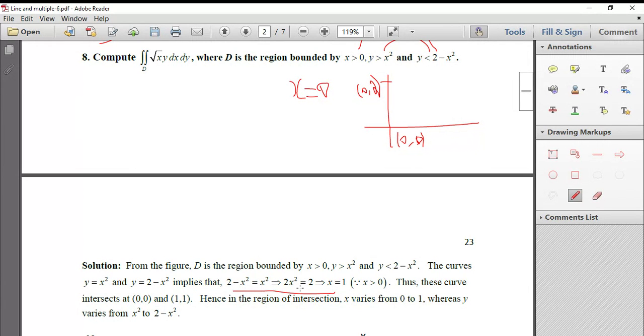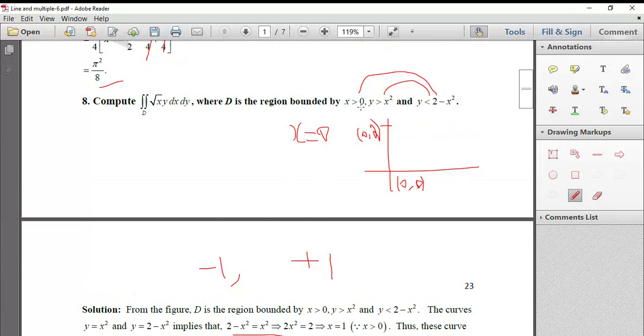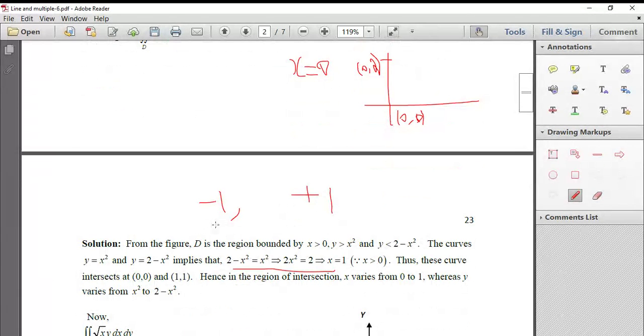That means x will take plus or minus 1. So at 2 points, these two curves intersect. One at plus 1 and the other at minus 1. Right? But since our x should be greater than 0, we cannot consider x equal to minus 1. So x equal to 1.